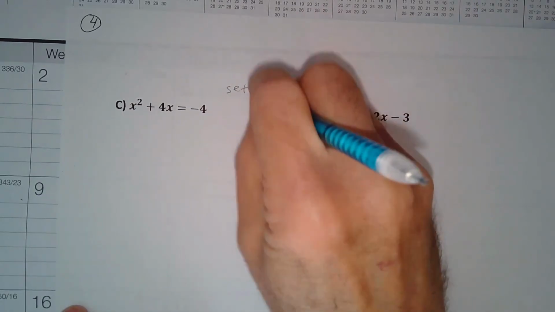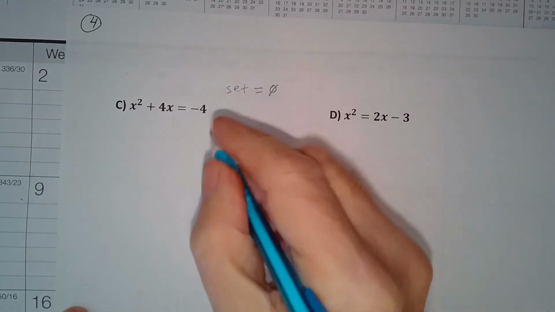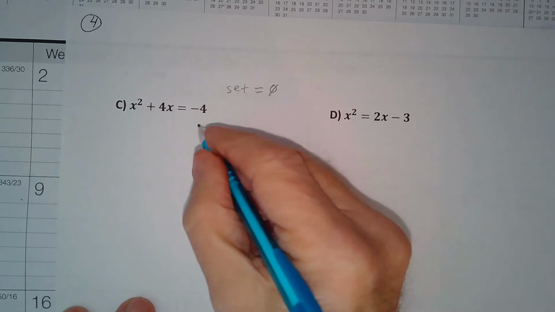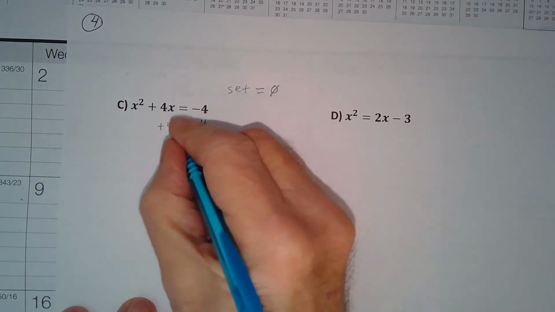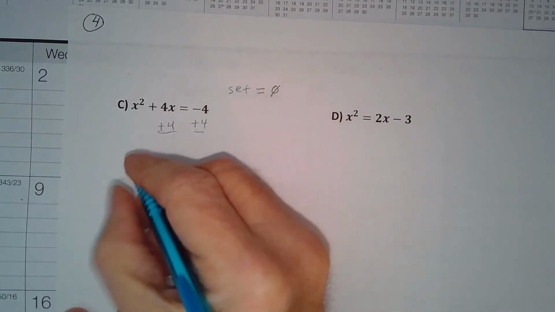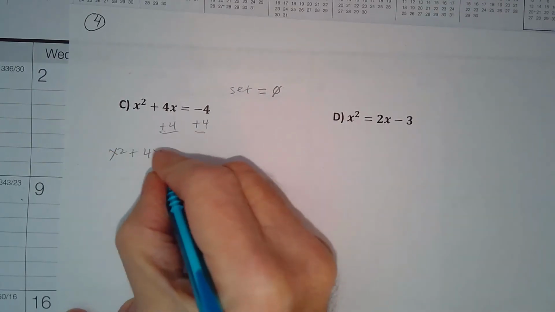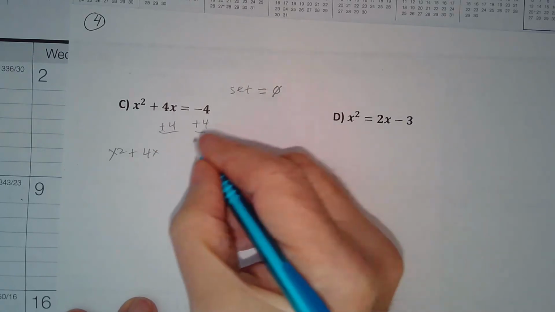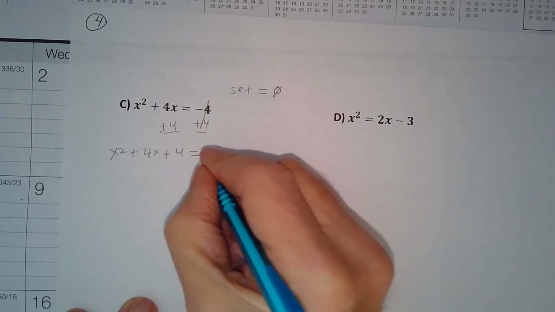So I have to move the negative 4. I'm going to add 4 to both sides. And when I do that, I get x squared plus 4x plus 4. This cancels, so that equals 0.